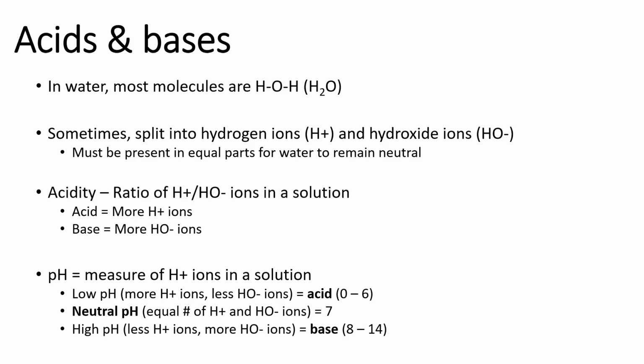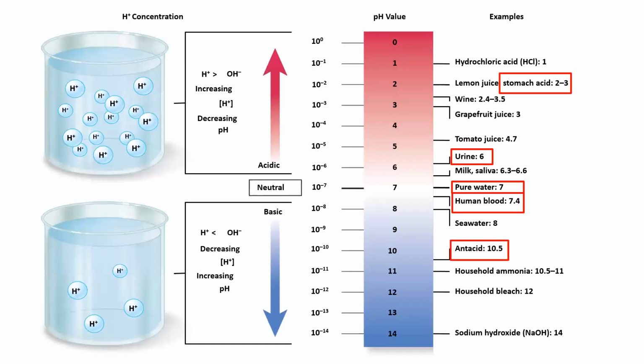A high pH, between 8 and 14, results from having a decreased amount of hydrogen ions and an increase in hydroxide ions. You've probably seen a pH scale before this class, with very common substances you've heard of.